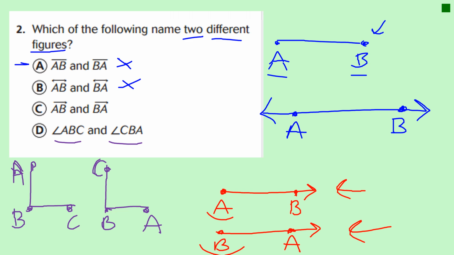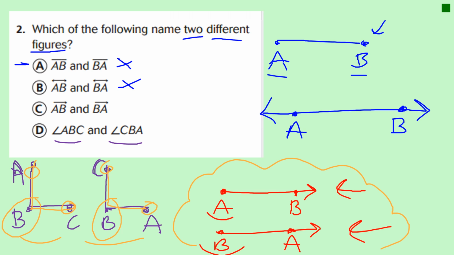What's the most important thing here, guys? That vertex. The vertex is B on both of these. So if I had to find angle CBA or ABC, I would be looking for the same figure. So this is the one that is naming two different figures.